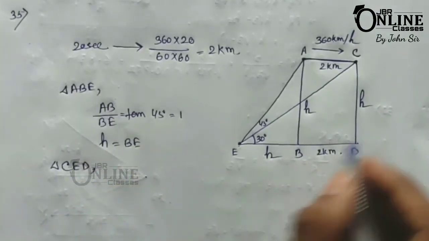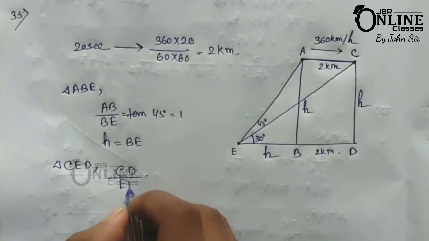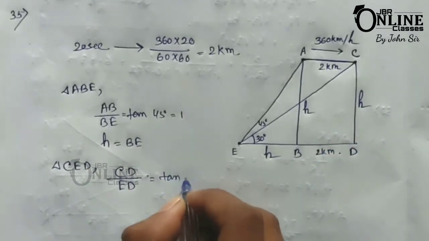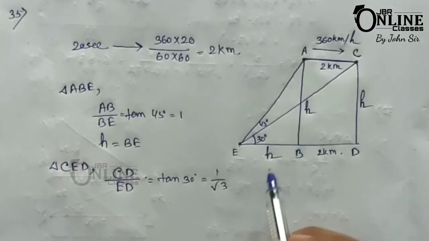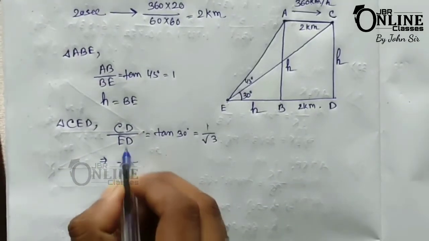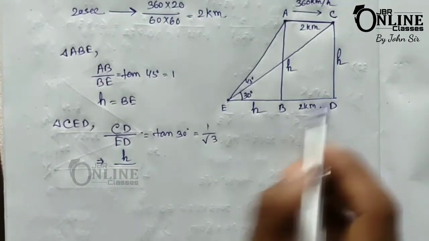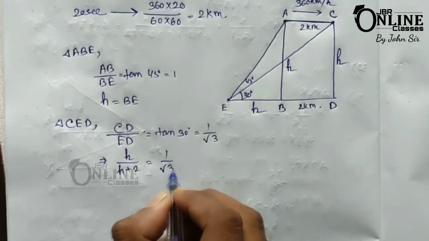From that triangle, CD, that is the height, by ED equals tan 30, and tan 30 equals 1 by root 3. So here CD equals H, and ED means H plus 2.